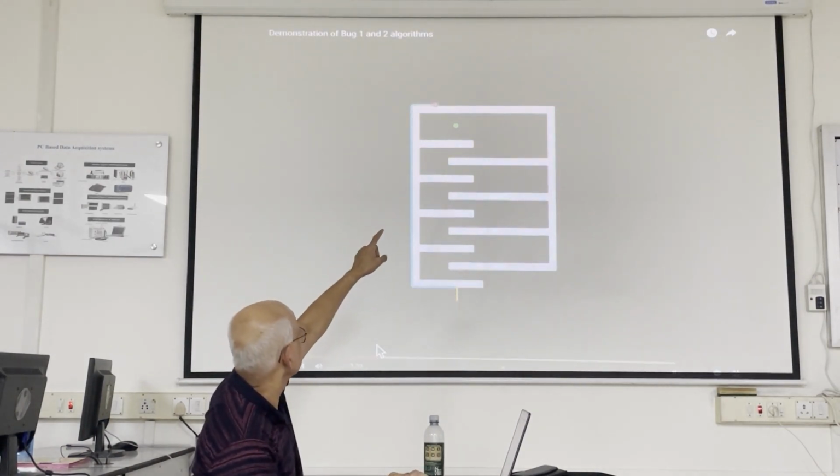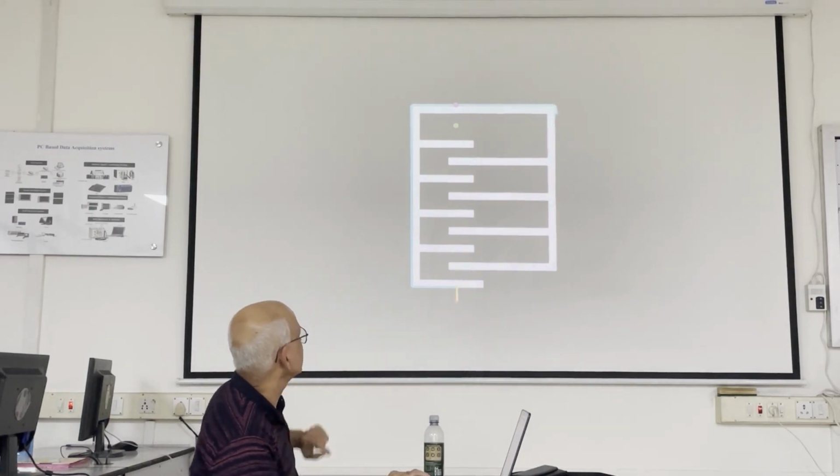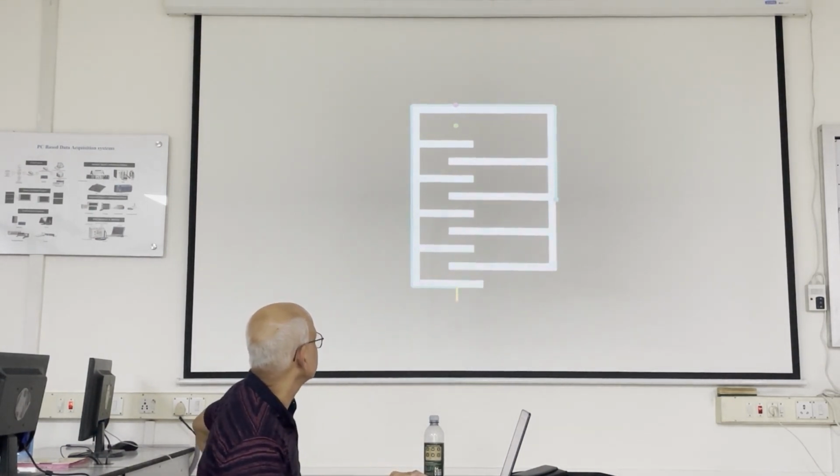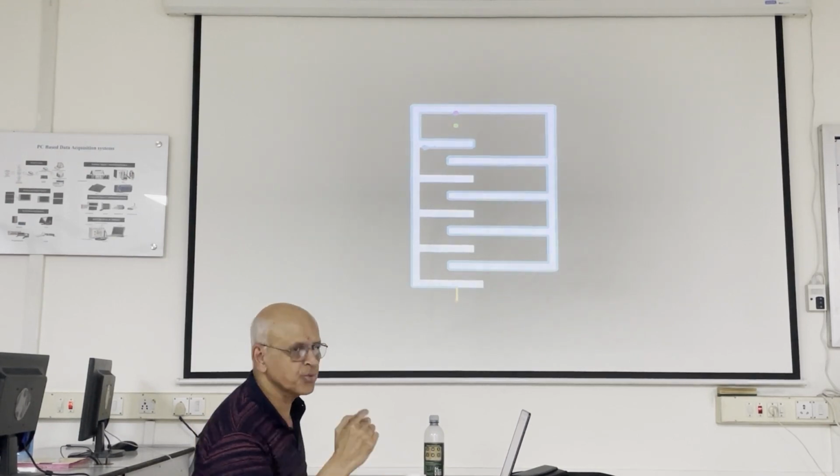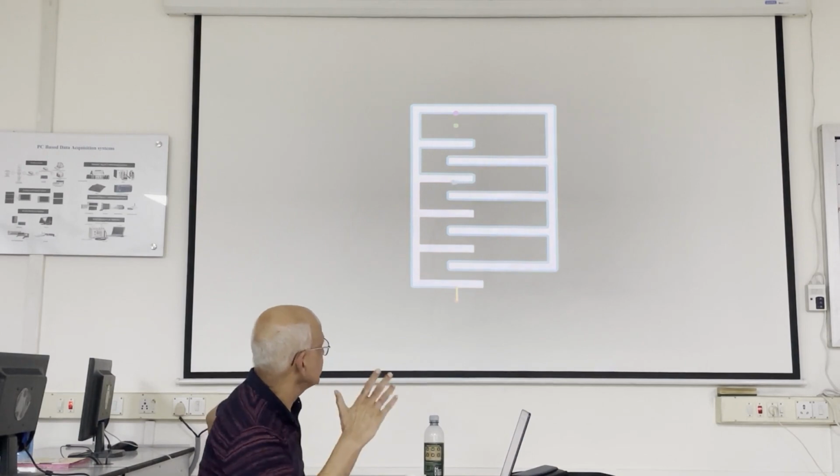See, leave point updated, and then it's going all the way around, following the bug 1 algorithm steps. It's not getting a shorter leave point, so the red dot is still there. And I think it's going to mark a leave point there, but it will continue. It's not going to take it. So that's why it's a problem with bug 1. It just sticks to the rules.